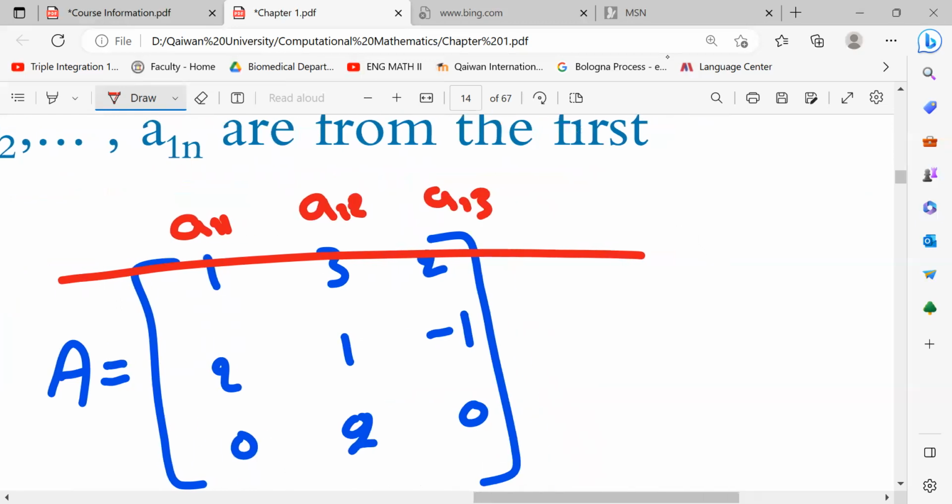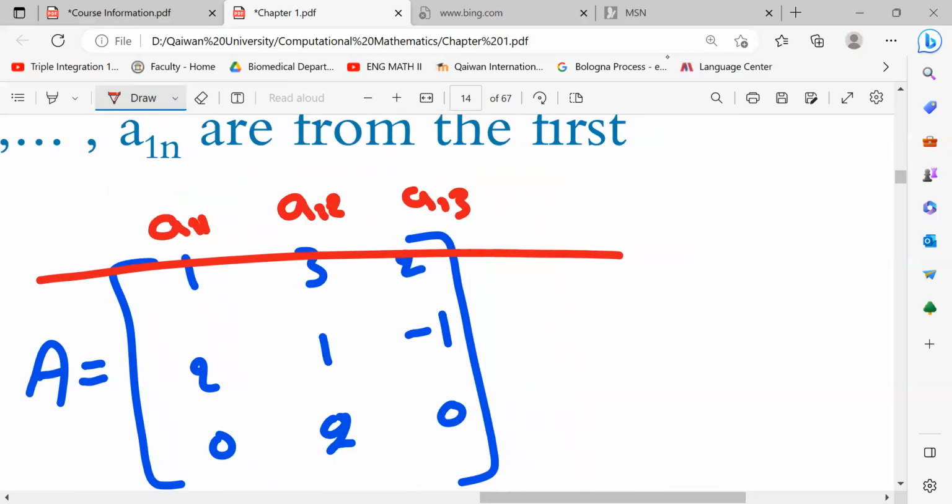For finding the determinant of A, look, the first one, A11, is positive. The first element, what's in the top left corner, is always positive. Its coefficient is positive. Then the second one is negative. The third one is positive, then negative, positive, and so on.